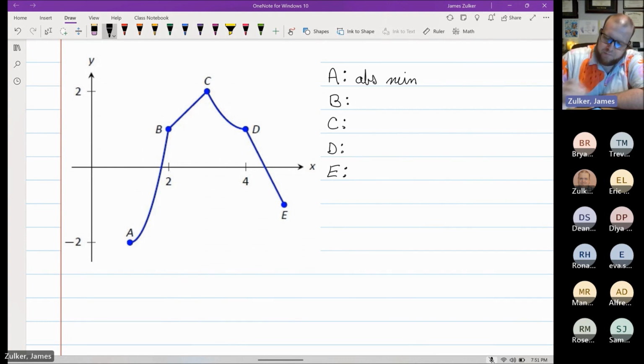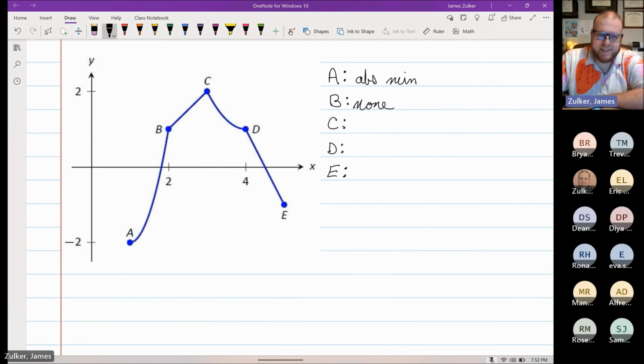What about point B? None. Gonna be none, right?